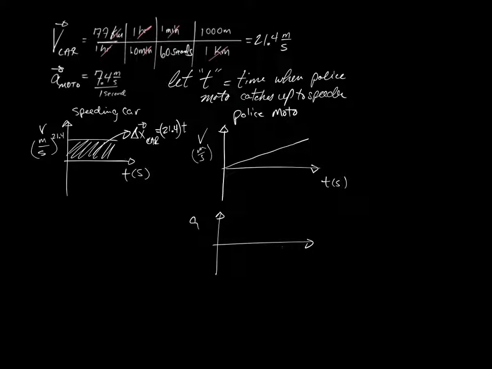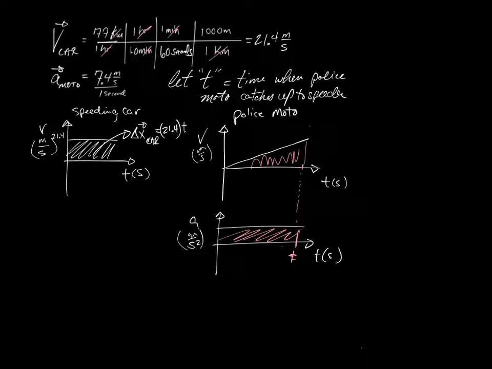It's just going to be a positive acceleration, so it's going to be a line like that. And we'll again say that t is this moment in time when the moto catches up to the bike. Call that t, just for convenience. So I'll make my t correspond on both graphs.